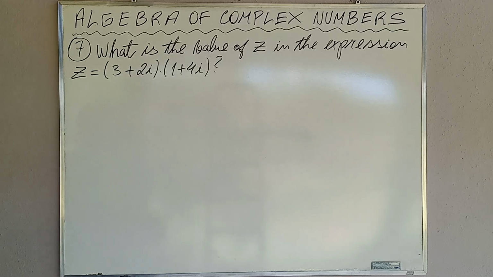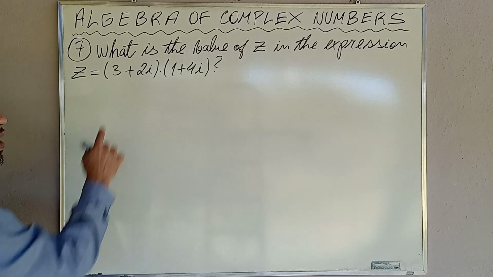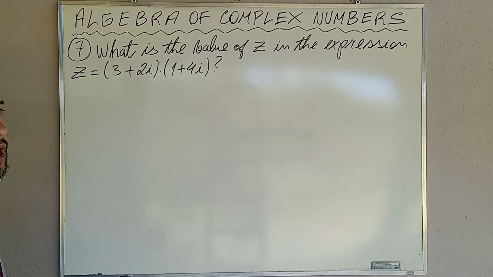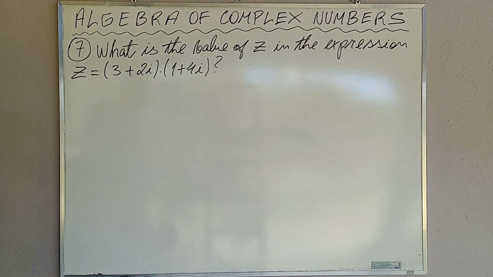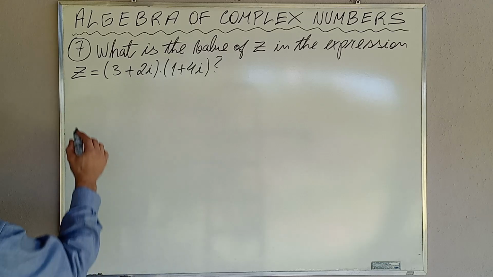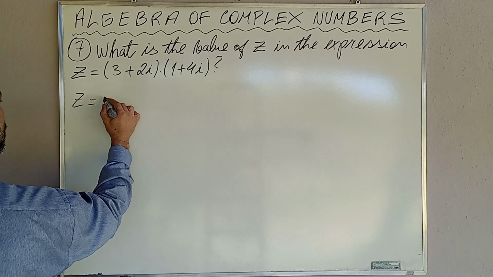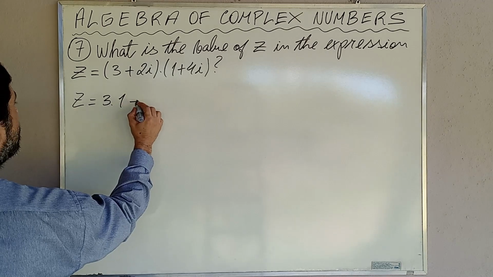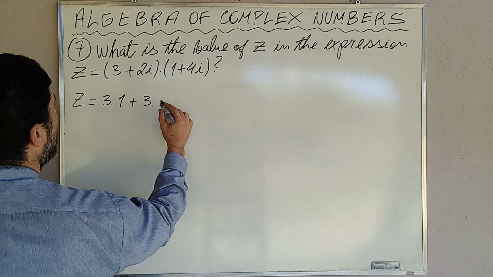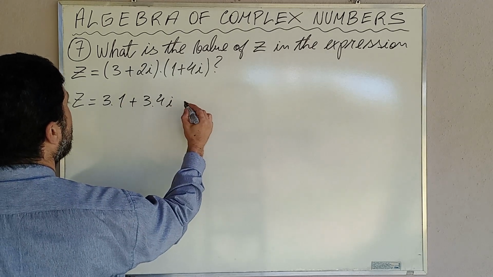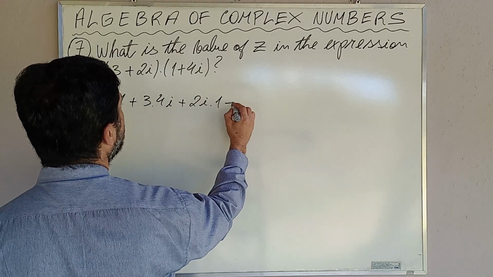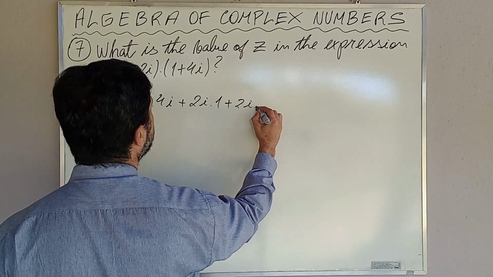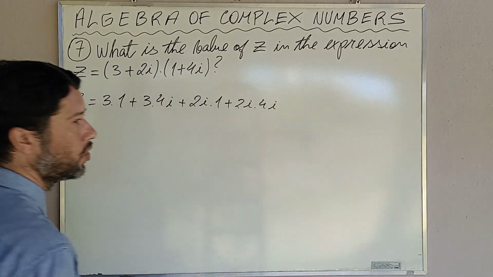It means that we multiply every element of the first complex number with every element of the second complex number. In this way, z is equal to 3 times 1 plus 3 times 4i plus 2i times 1 plus 2i times 4i.